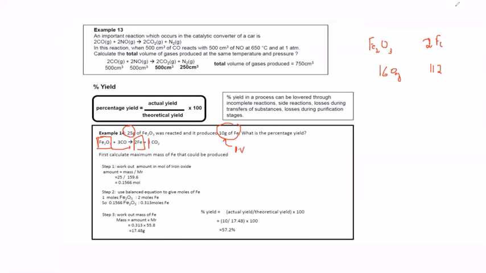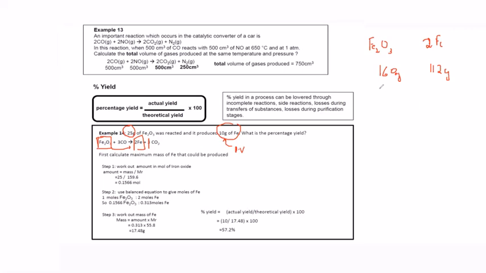Theoretical value means the mass or amount according to the simplest ratio from the equation. That's called a theoretical value. The actual value, when you carry out the experiment, is always lower. So if 160 gram of iron oxide is there, it will give 112.